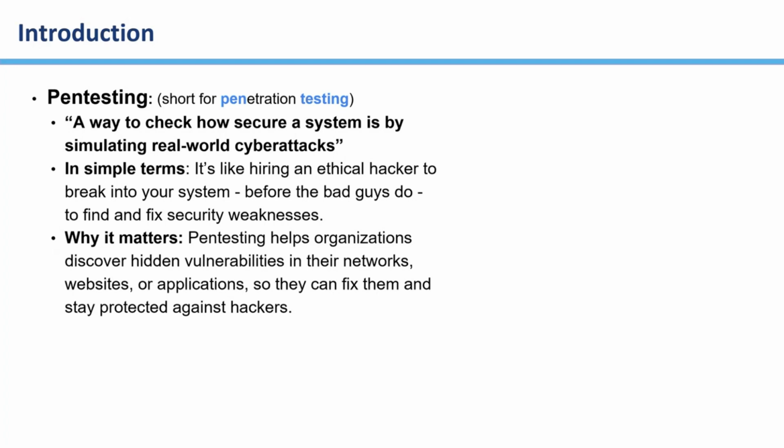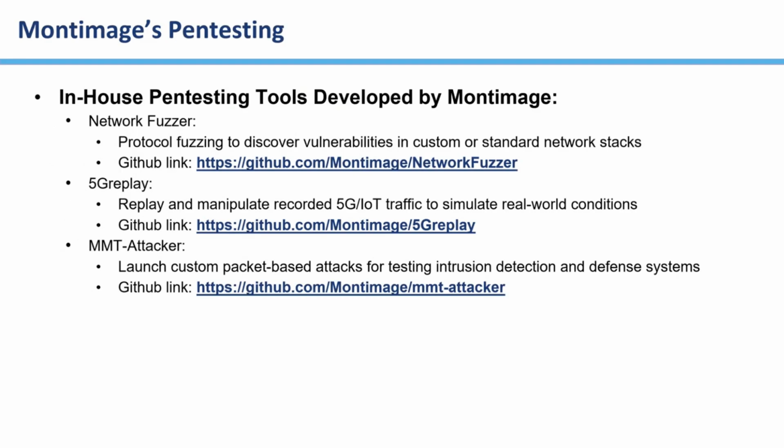So it's acting as an ethical hacker to be able to do this process. The type of tool that we work on includes what we call the network fuzzer, which allows fuzzing the protocols to be able to introduce vulnerabilities and attacks, and this can be done to analyze applications that communicate to the network stacks.